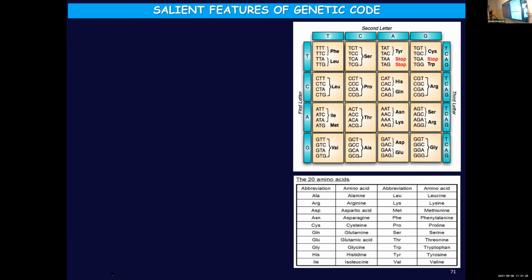You can see the checkerboard here. They have written all the different nitrogen bases, T, C, A, G, on the left-hand side also, and the different combinations. Maximum, you can see 64 different combinations.